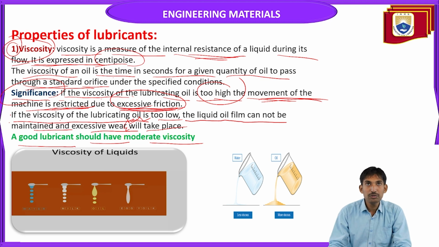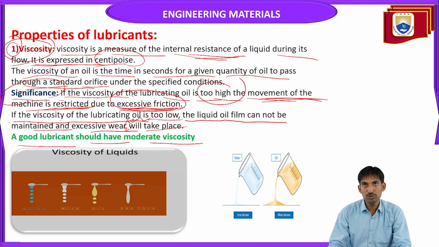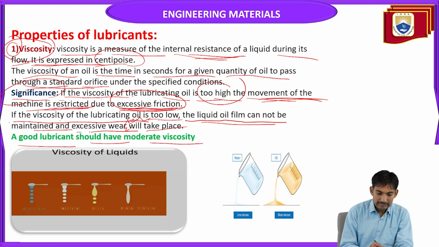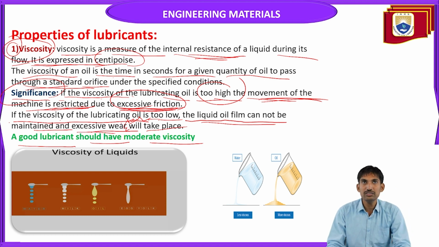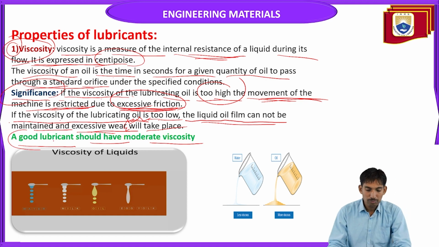If the viscosity of the lubricating oil is too low, the liquid oil film cannot be maintained, and excessive wear and tear takes place. A good lubricating oil should have moderate viscosity, neither too high nor too low.